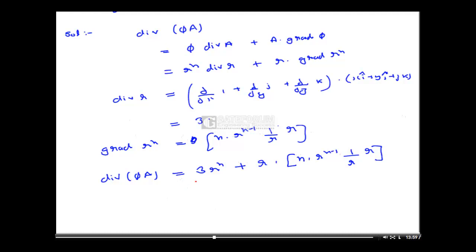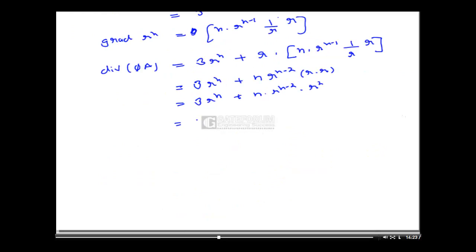So this can be written as 3 r to the power n plus n r to the power n minus 2 r dot r. This again can be written as 3 r to the power n plus n r to the power n minus 2 r square. So this is 3 plus n r to the power n. Okay. So this is one problem which can be solved using properties.